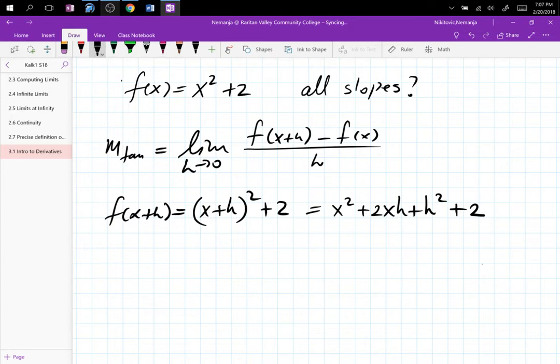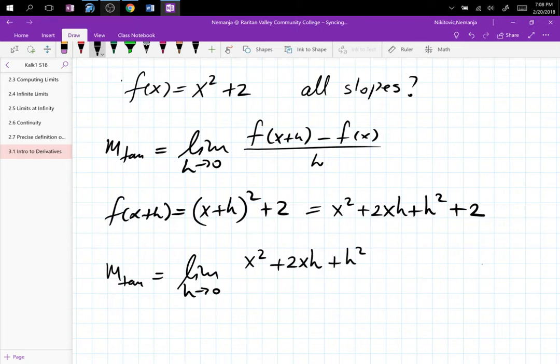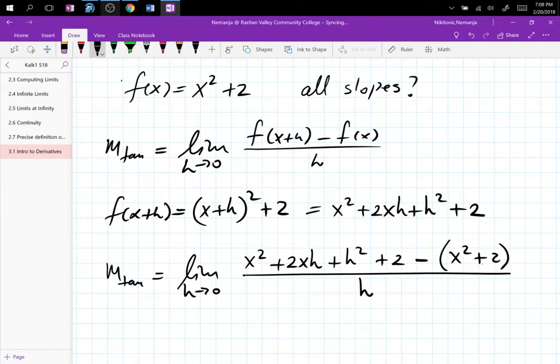So now I have this, and now I can plug everything in. f of x is just the function itself, so m tangent, but all of them, not a specific one, all of them, is going to be the limit as h goes to 0 of x squared plus 2xh plus h squared plus 2 minus f of x, which is x squared plus 2, everything divided by h. We've got to clear some algebra now.